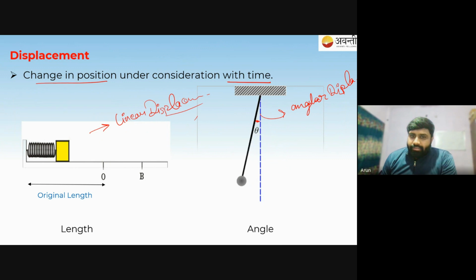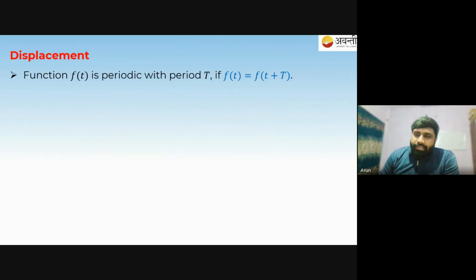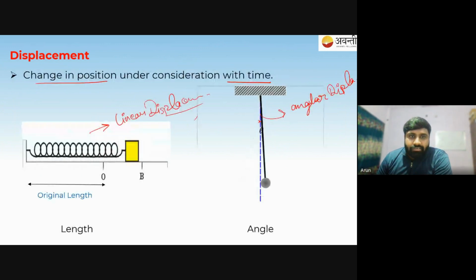Now, in periodic motion, in SHM or in oscillatory motion, the position function or the displacement itself is periodic, which means displacement also repeats its value after a fixed time interval. For that, you need to grasp this concept.